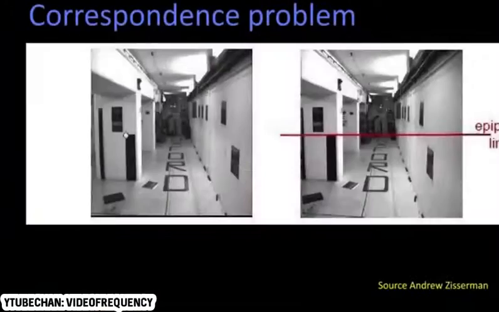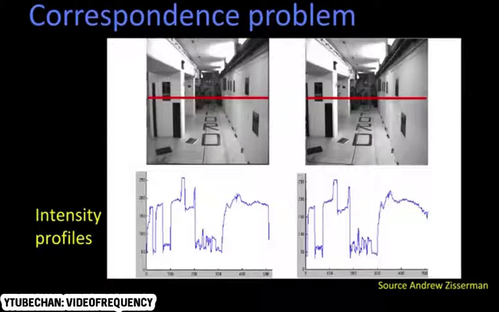All right, so let's continue looking at this correspondence problem a little bit more. Here we have two images. This is courtesy of Andrew Zisserman. And we've got an epipolar line, and again, we've got horizontal epipolar lines. So here we have both scan lines, left and right image, and a plot of the intensity profiles. Of course, they're going to look pretty similar because there should be matches along the way.